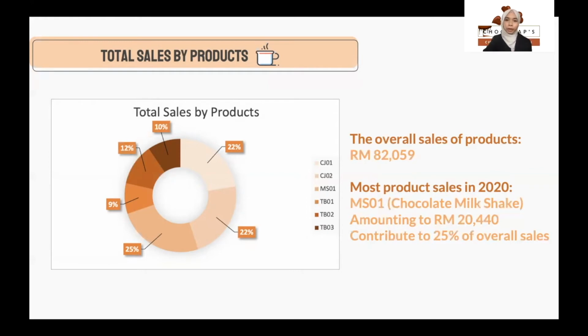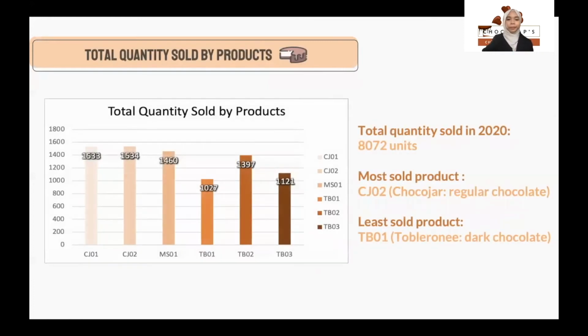Now, we are going to look at the total quantity sold by products. We use a bar chart to indicate the quantity sold for each product. The total quantity sold in 2020 is 8,072 units.